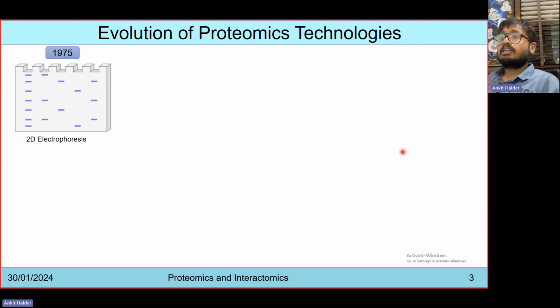But it was very labor intensive, not so effective and not high throughput. Also, not all the proteins could be identified, and getting the expression level was not so easy or so relevant during that time.